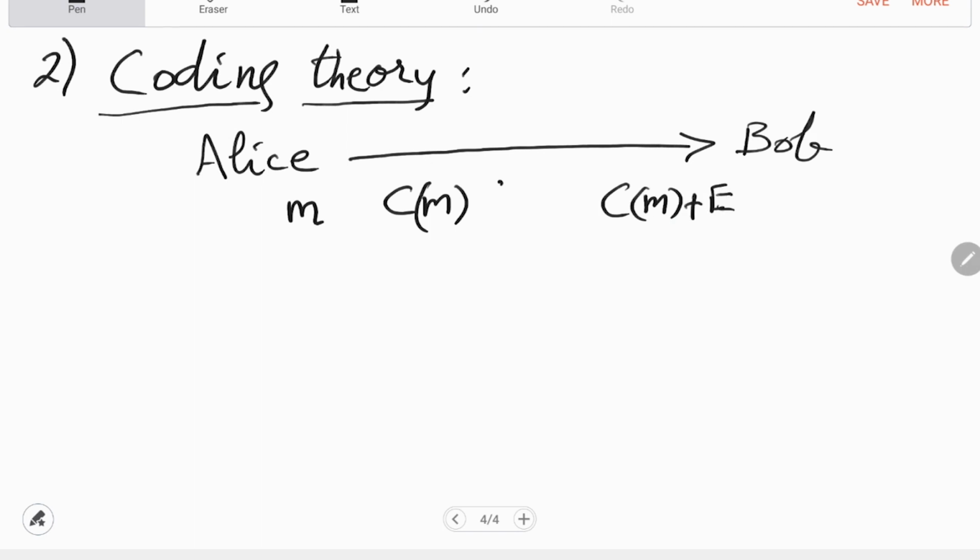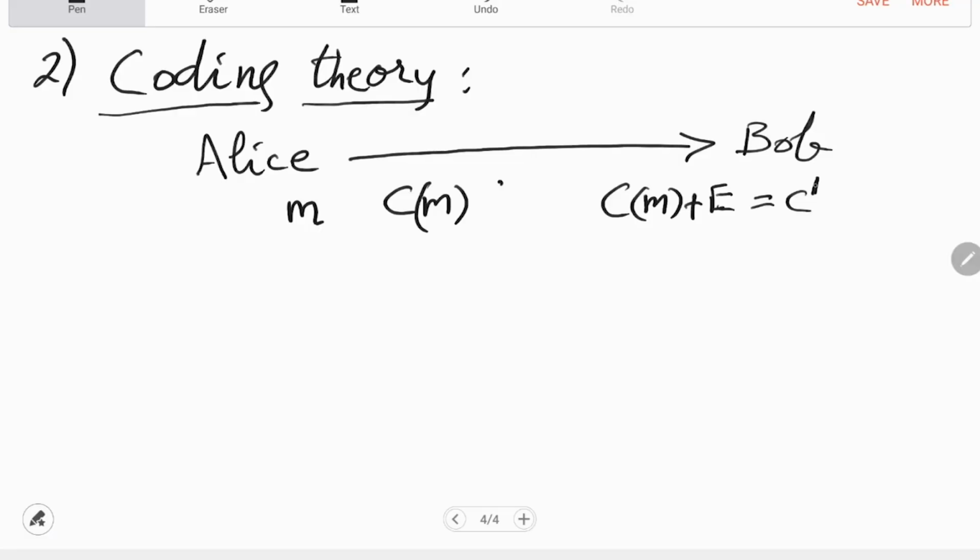So some error will be added. This is what Bob will get, C prime. And from C prime Bob has to deduce M. So there is encoding, and there is decoding with errors. These are the algorithms that you have to come up with, and you have to come up with guarantees.